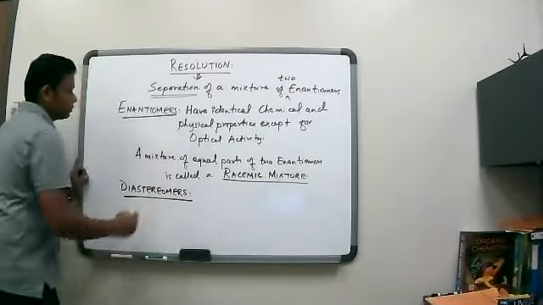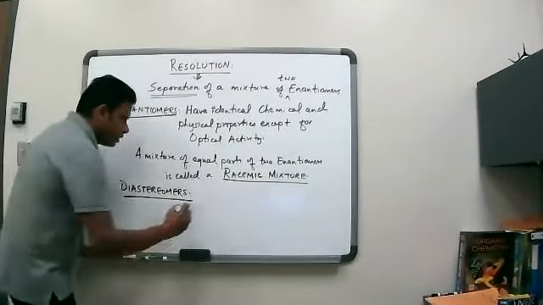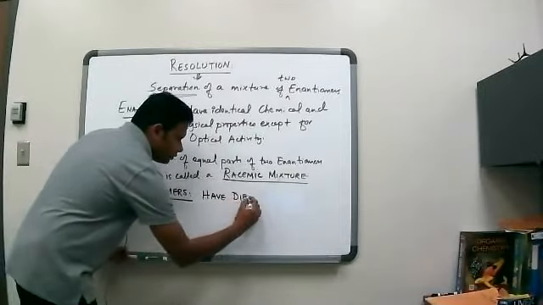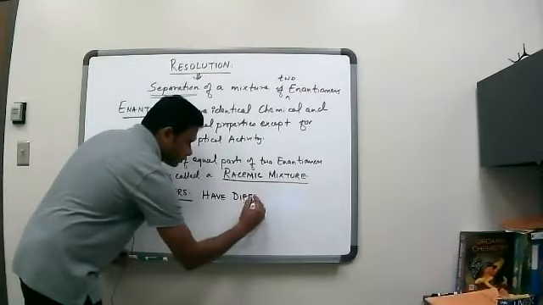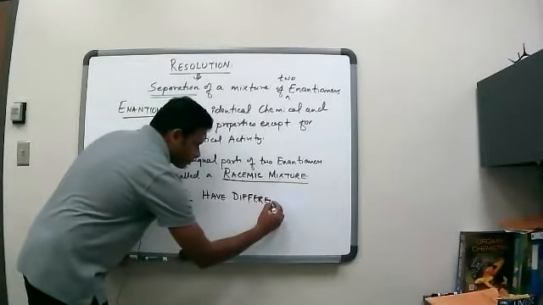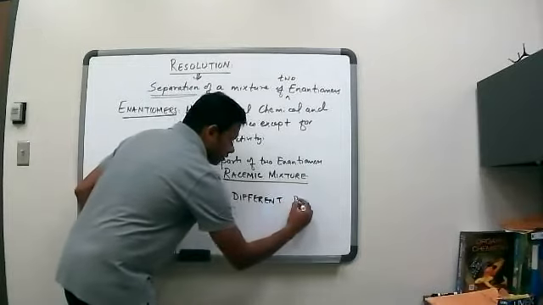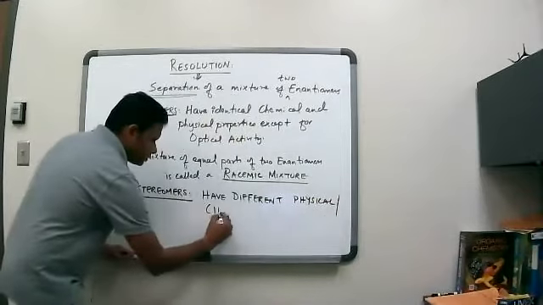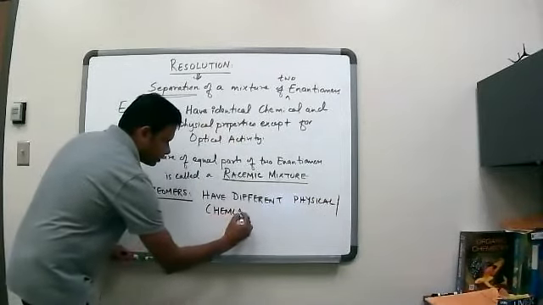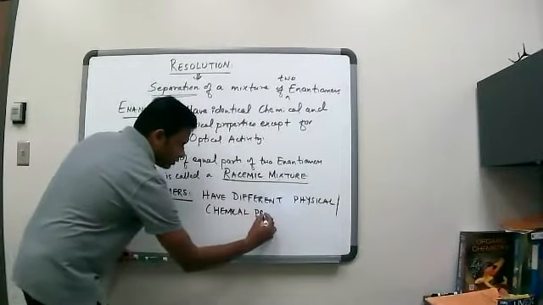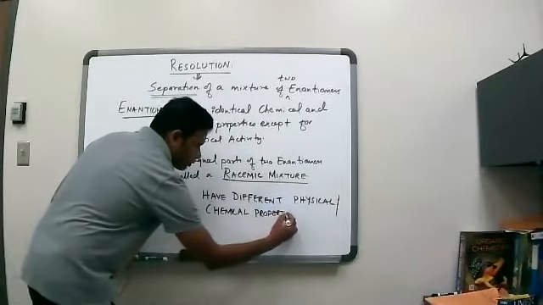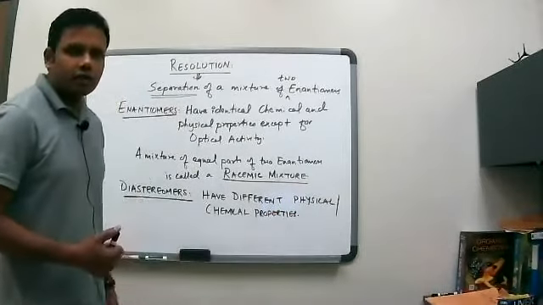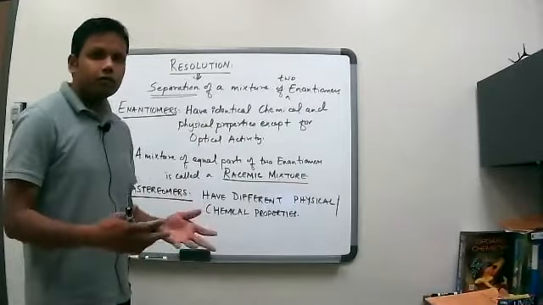Okay, enantiomers and diastereomers. Now, diastereomers have different physical as well as chemical properties, because realize that these are not mirror images of each other.